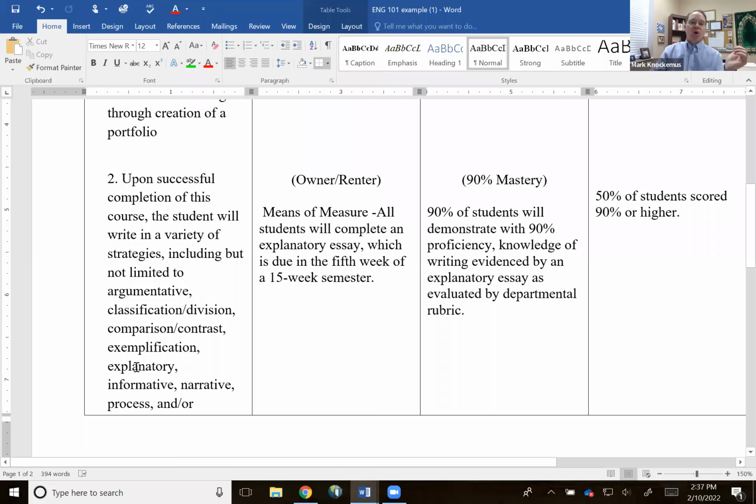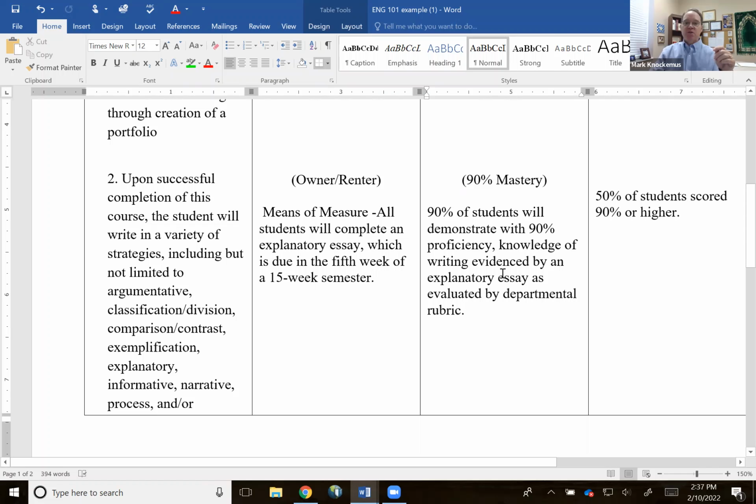Out of all those different papers that we cover in English 101, we're just using one. So again, everything is copy pasted from the syllabus. This is who, what, and when. All students will complete an explanatory essay, which is due in the 5th week of a 15-week semester.